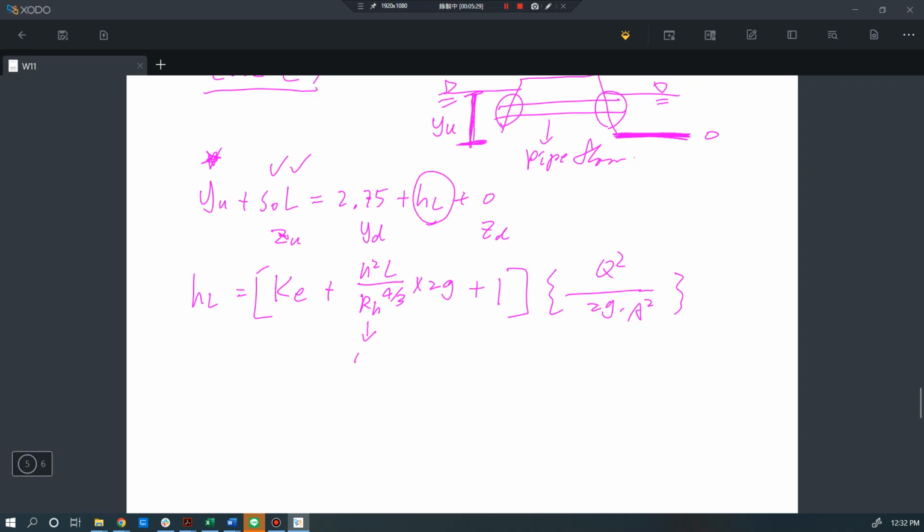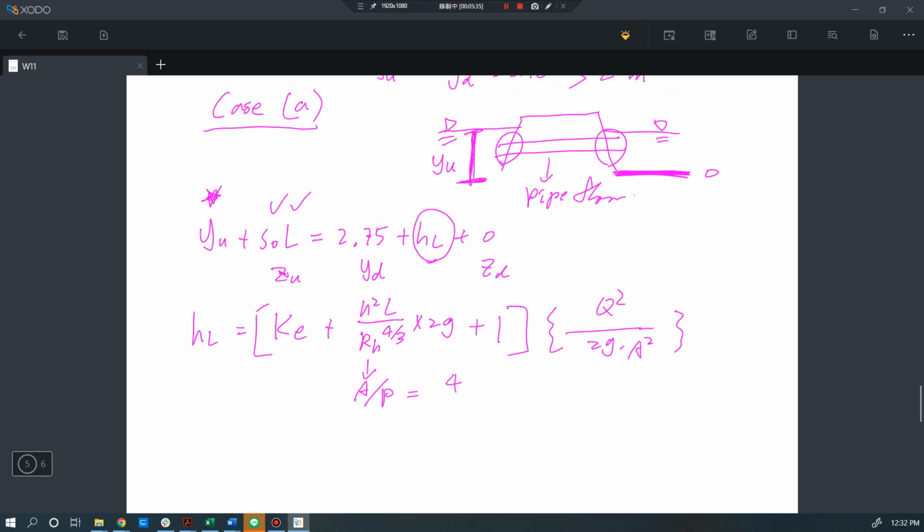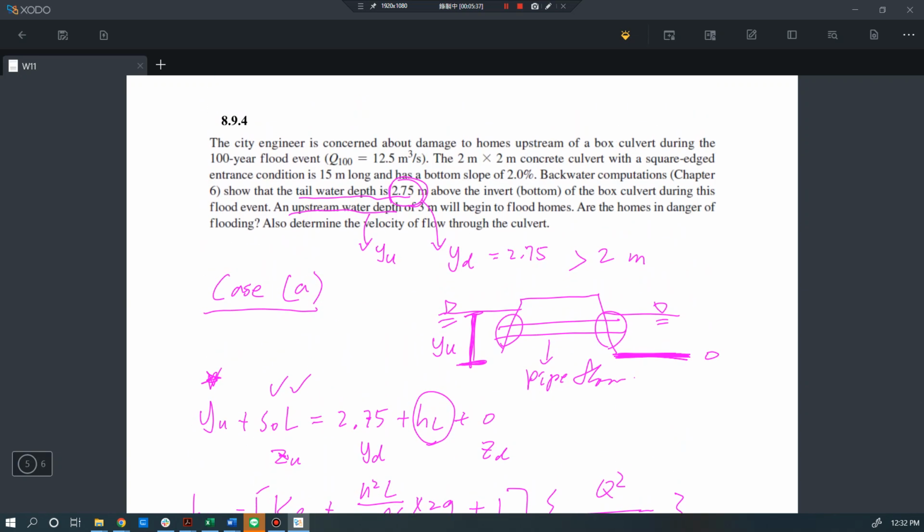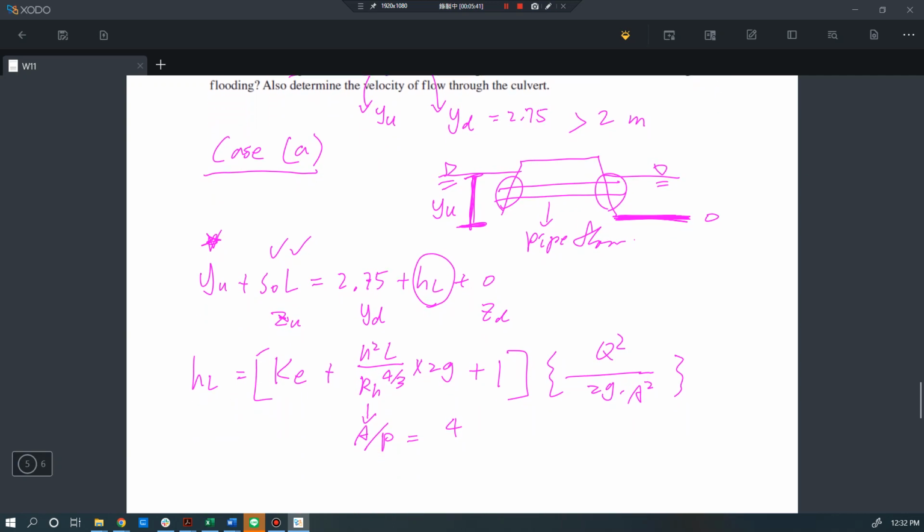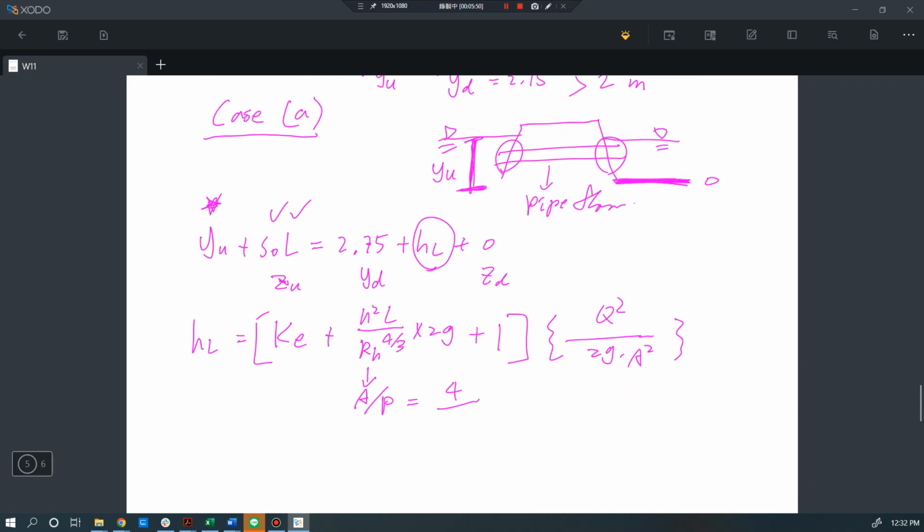So this is equal to A divided by P. This A is 4, because this is a 2 by 2 square-edged culvert, so 2 times 2 is 4. Divided by the wetted perimeter, which is 2 times 4, that is 8. So this is 0.5.